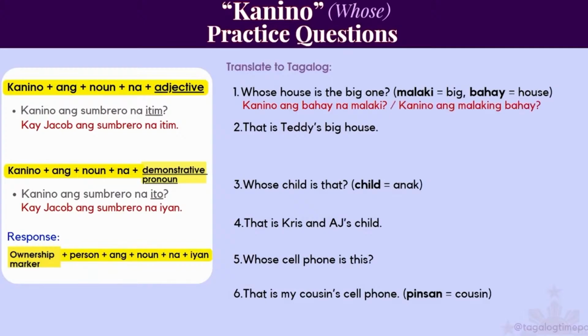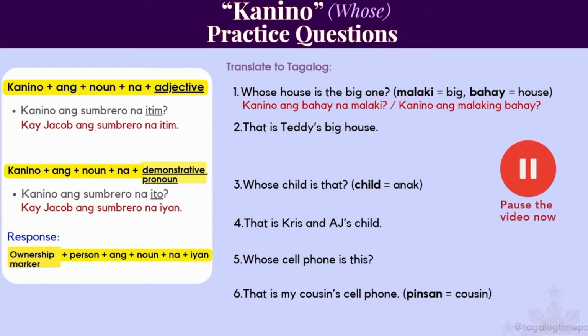"Kanino ang malaking bahay?" So this just goes back to the previous slide. Remember, the adjective and the noun can be switched. And if the adjective ends in a vowel, then you can make a contraction. "Malaking bahay" instead of "malaki na bahay." And then the response is actually example number 2. So pause the video now, answer the rest of these questions, and then we will go through it.